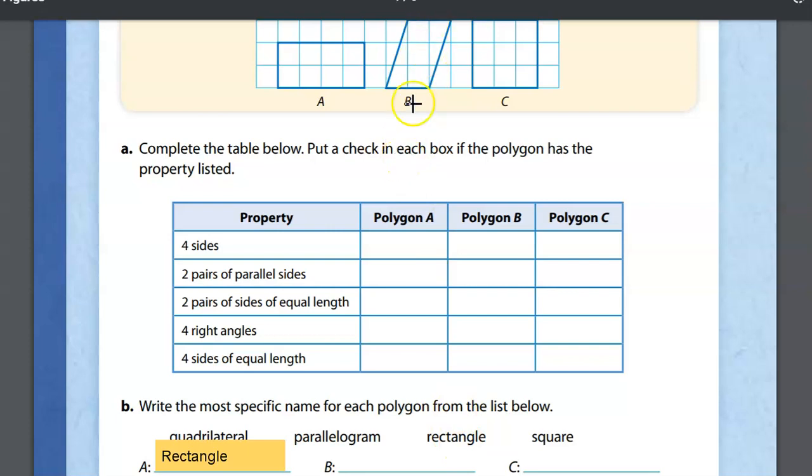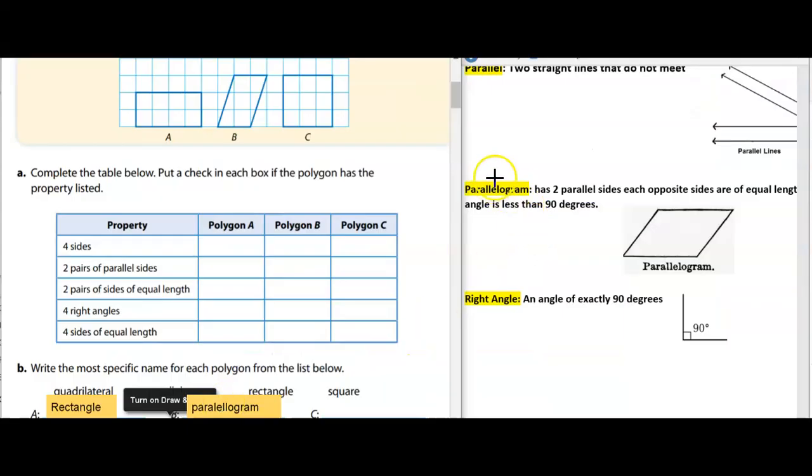Polygon B right here. Now we have quadrilateral left, we have parallelogram left, and we have a square. So let's look back at our vocabulary and let's see what polygon B might be. Based off of my definition and the example given, I know that polygon B is an example of a parallelogram.